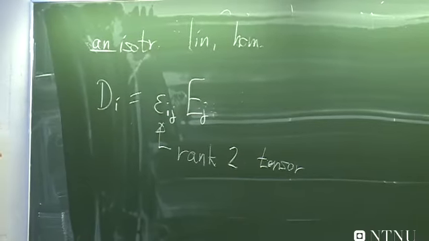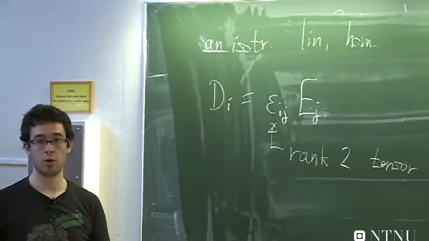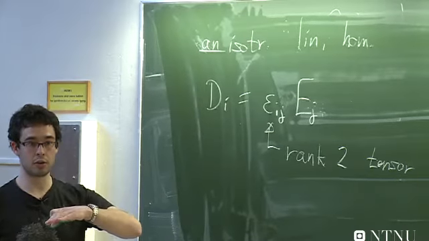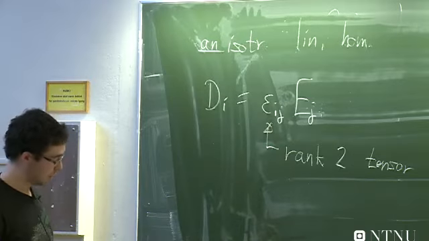So if you have, let's say, a different polarizability in this direction compared to this direction, then you need to have a tensor here to take account of that.